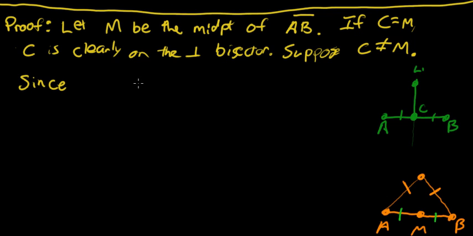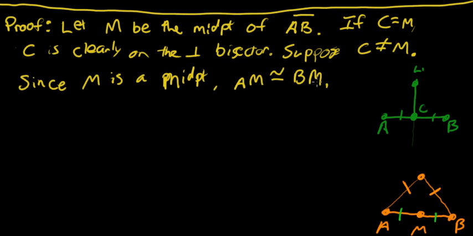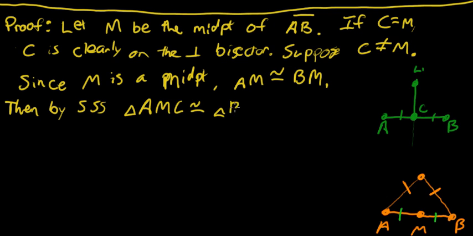Anyways, since M is a midpoint, we can say that AM is perpendicular, or not perpendicular, but congruent to BM. Then, by side, side, side, triangle AMC is congruent to triangle BMC.